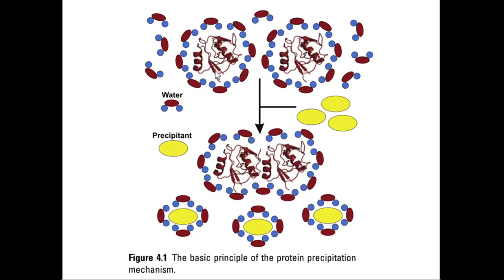So in this example, you can see the water molecule. As they form a solvation layer over here around hydrophilic surface residues of a protein, they establish a concentration gradient around the protein with the highest concentration at the surface.